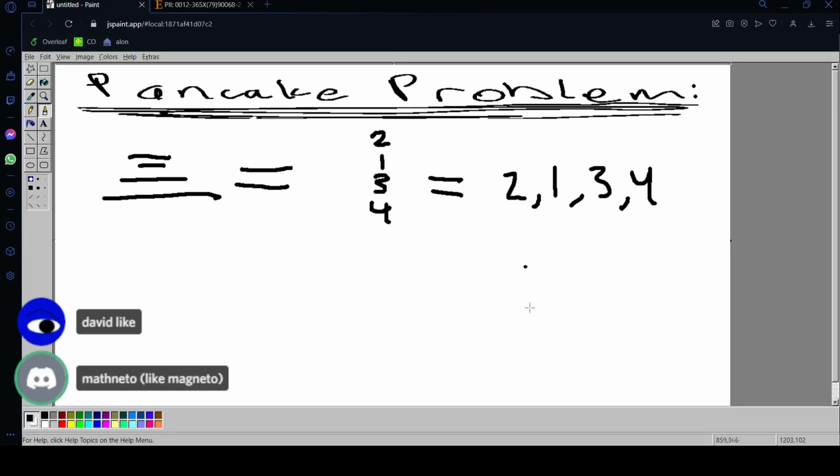Now, when we do a spatula flip on the first 2, this is simply equivalent to looking at a prefix, some start of the list, and then reversing the order. So flipping the first 2 is equivalent to doing this, right? Yeah.